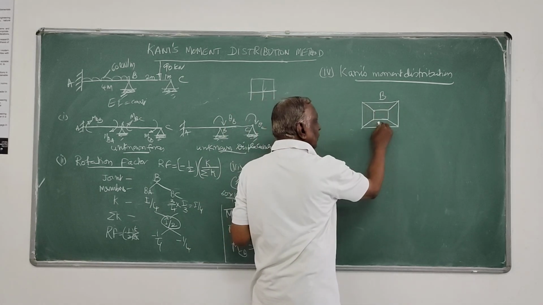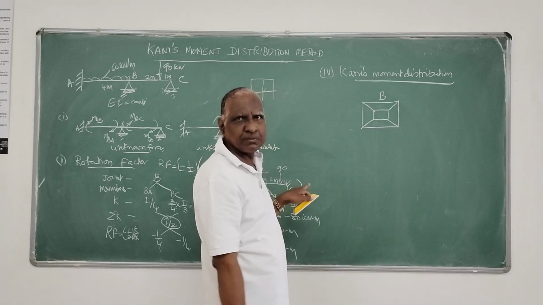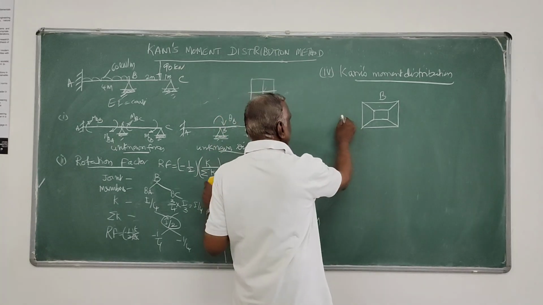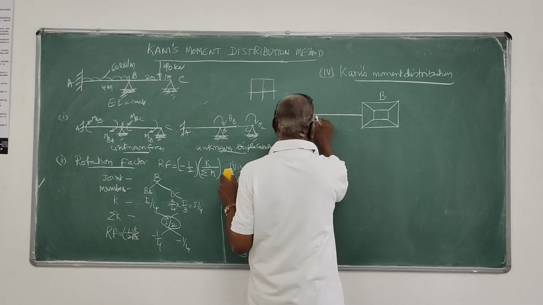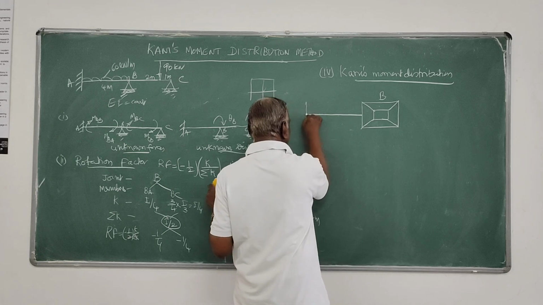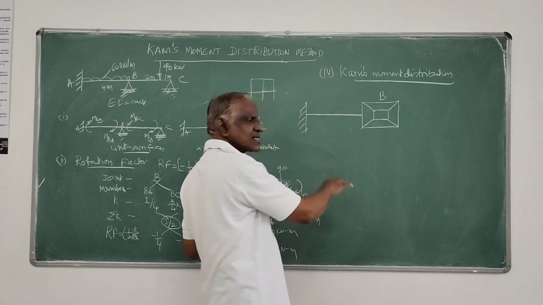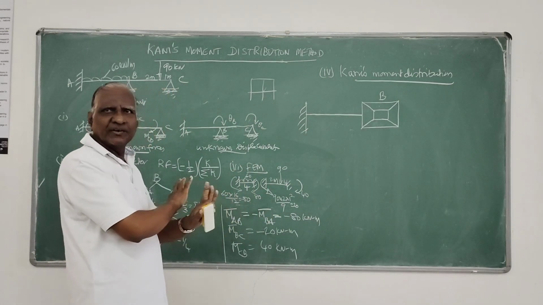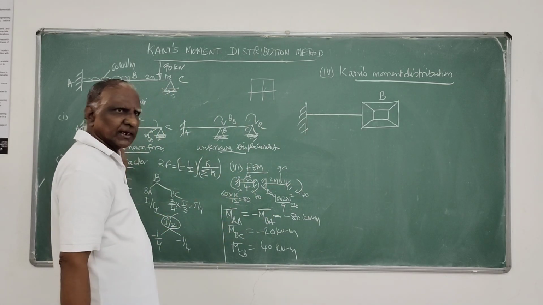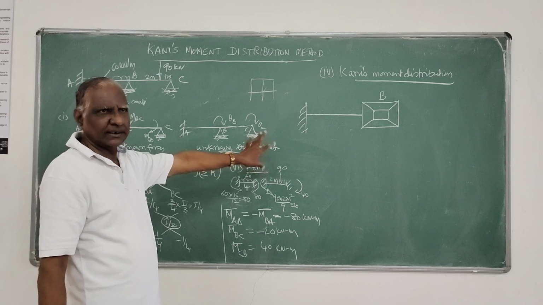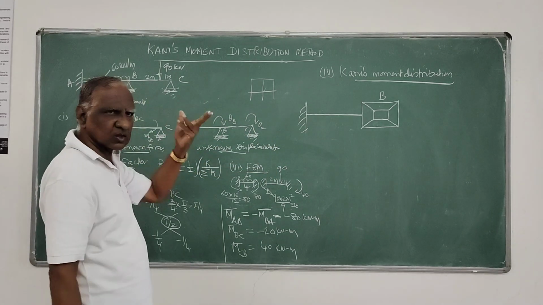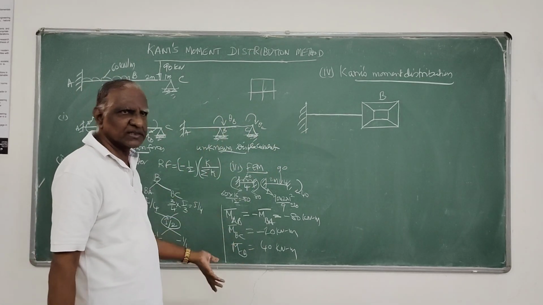Here we write the rotation factor for those members which are meeting. At the joint B, there is a member BA. We write that BA, it is fixed. That fixed joint we don't alter at all. Same notation we use in the diagram. Fixed, and because there is no displacement, we use the same thing.